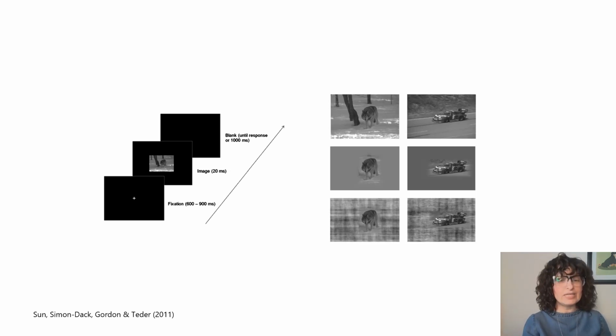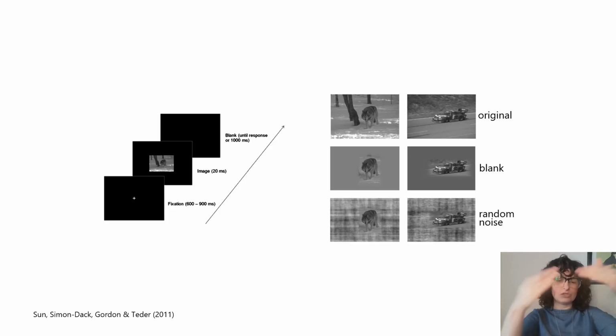They had three different conditions where they were manipulating the context. They had the original context, where either the animal or the vehicle was in its natural context. They had blank, where they literally erased all of the background information. And then they had a random noise condition where they wanted the same amount of visual stimulation.